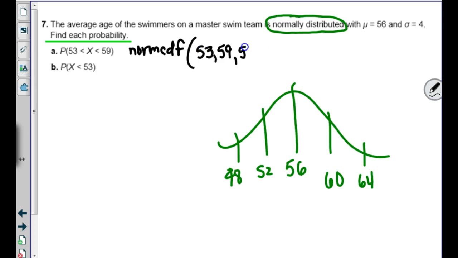And then the mean was 56 and the standard deviation of 4. So anybody put that in already? 59, 56, and 4. What'd you get? 0.5.